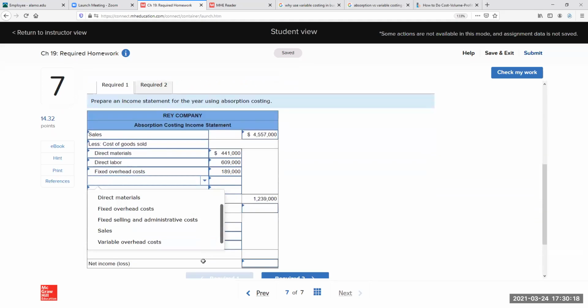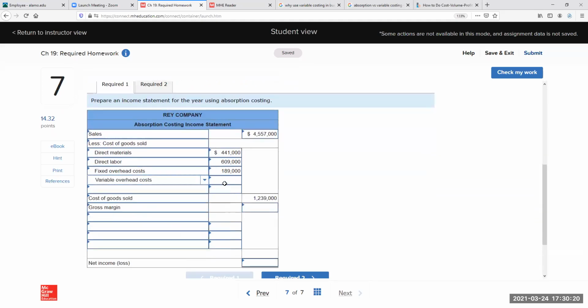And variable overhead is $7 times the 21,000, 147. And that adds up to 1,386,000. So 4,557,000 minus 1,386,000 equals 3,171,000. All right. So now that's absorption, where we include all costs.